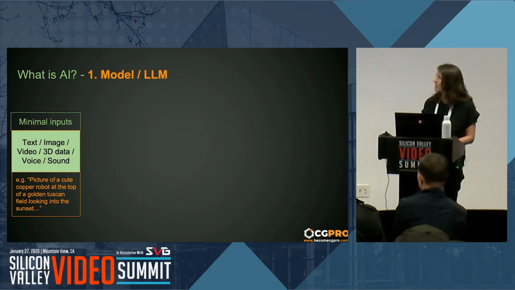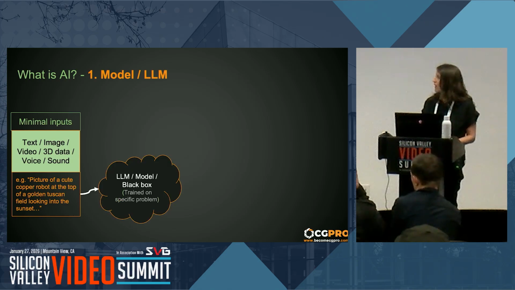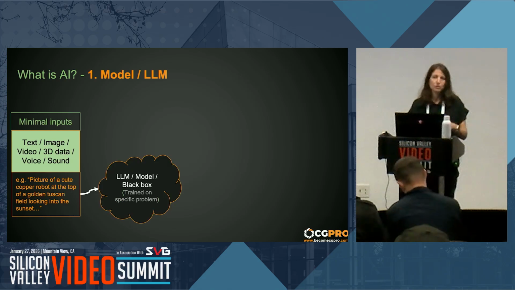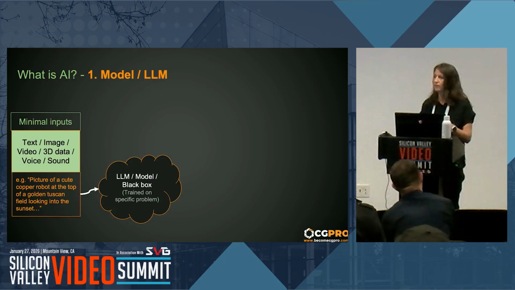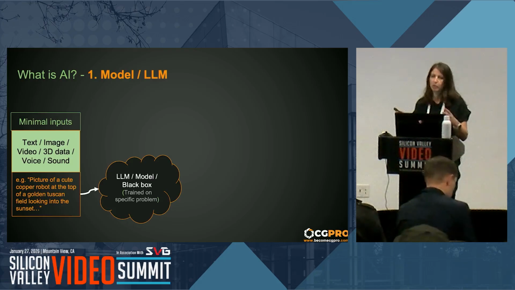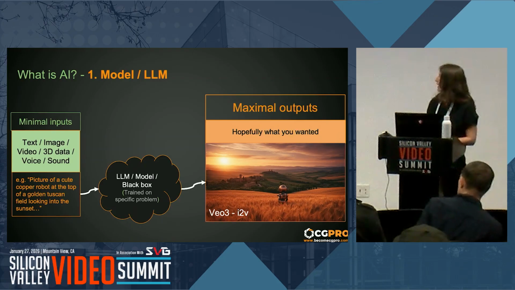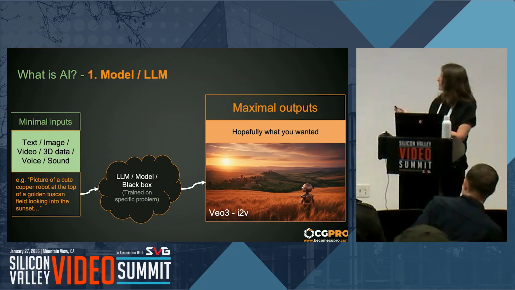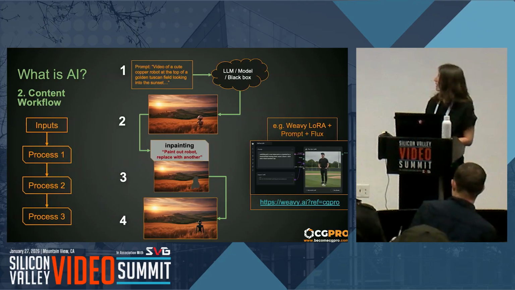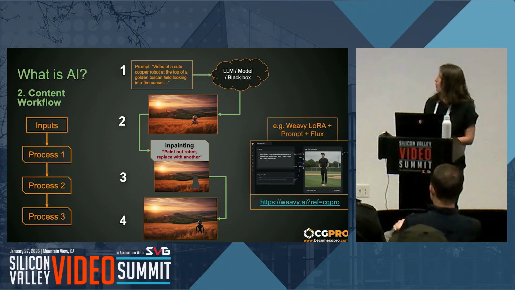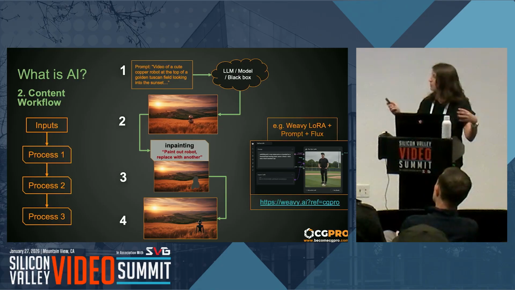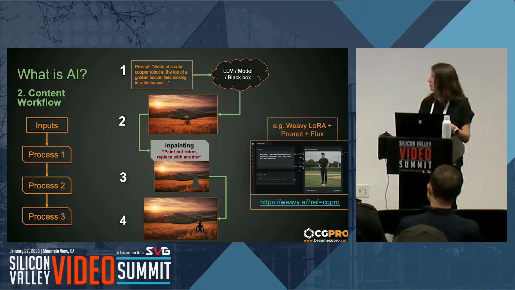Basically, what AI is: you take your inputs, you put them through a black box, and you don't have any control of this black box. I mean, you do your best, but it's a little bit like magic, to be honest. And then the output is hopefully what you wanted. You take those inputs, you do a series of processes.